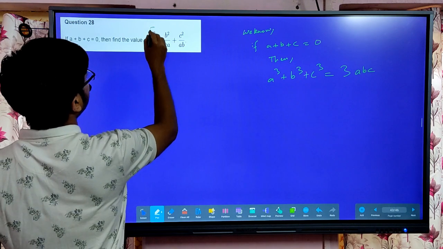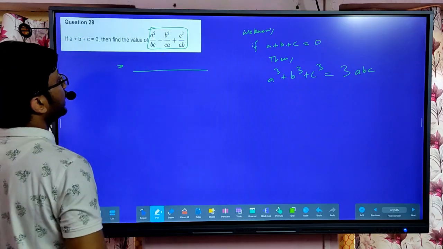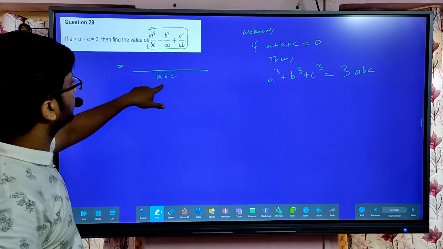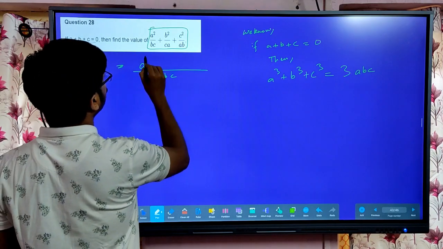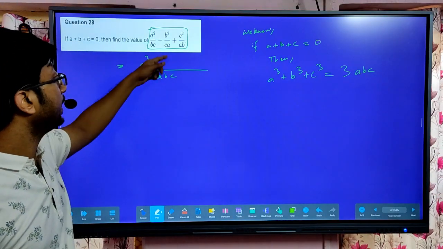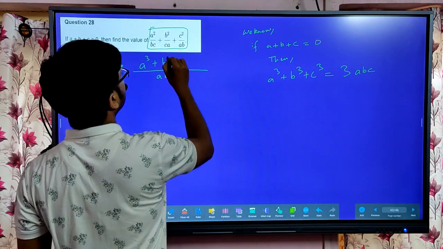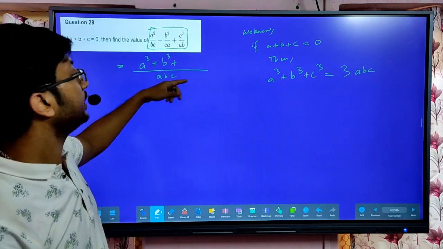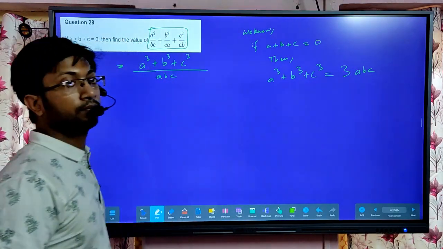Find the value of this thing. LCM will be bc, ca, ab, so LCM will be abc. And this will be bc into how much is abc? bc into a. So a into a square is a cube. Understood? ca into how much is abc? ca into b is abc, and b into b square is b cube. ab into how much is abc? ab into c is abc, and c into c square is c cube.